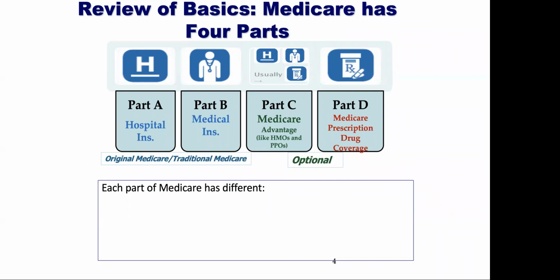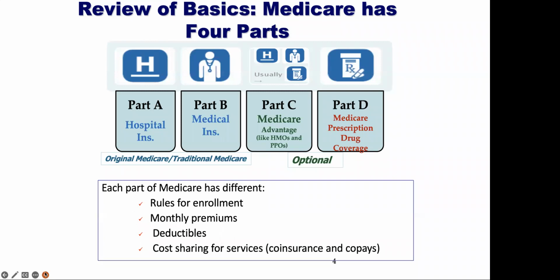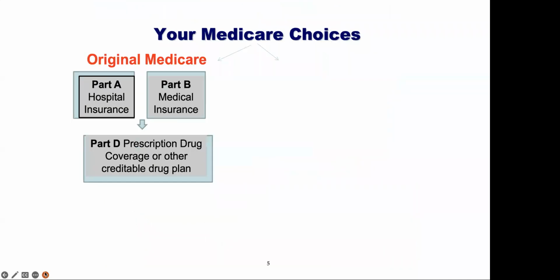These Medicare Advantage plans bundle your Part A, Part B benefit together, and also offer Part D prescription drug coverage all in one plan. And then finally, everybody is entitled to prescription drug coverage, whether they're in original traditional Medicare or whether they're in a Medicare Advantage plan. Now, each part of Medicare has different rules for enrolling, different monthly premiums, different deductibles, and different co-insurance or co-pays.